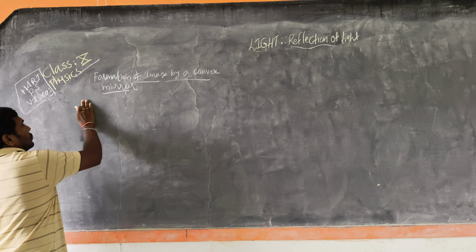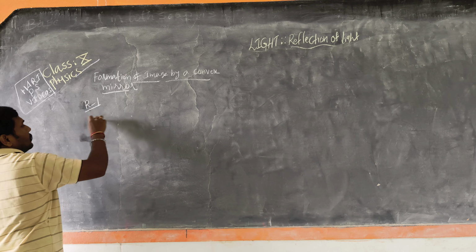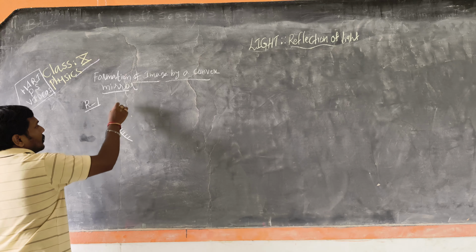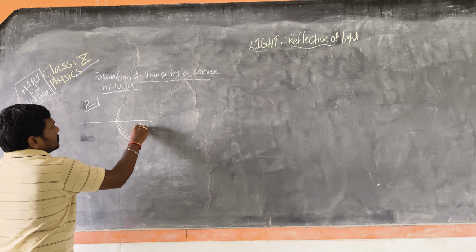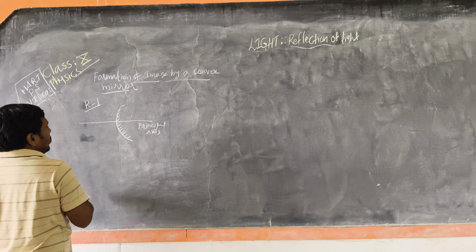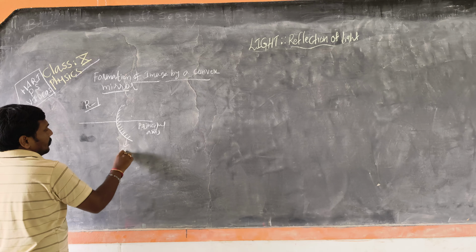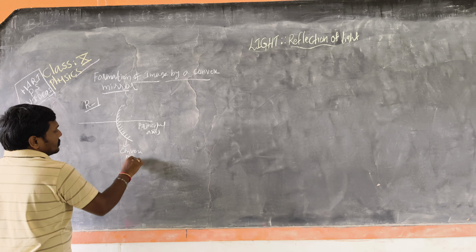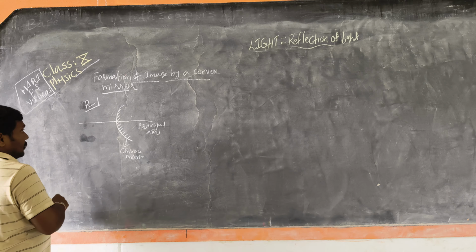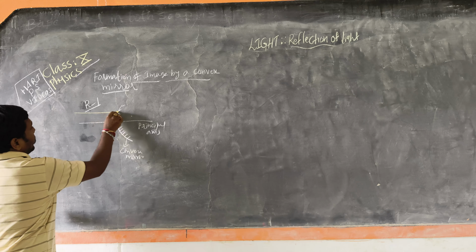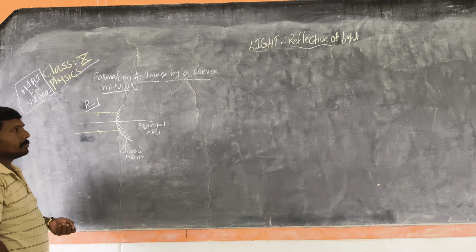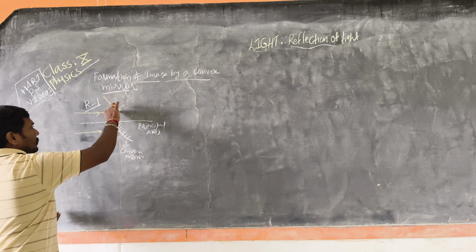As usual, I'll simply explain rule 1. A convex mirror, with its principal axis. If the light rays are parallel to the principal axis, what will happen?